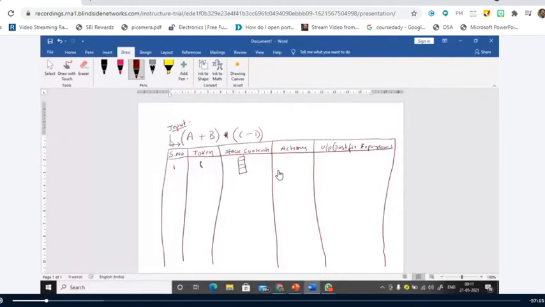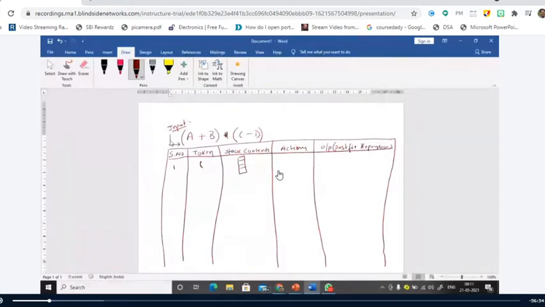Third step, when you come across an operator, you have to check the stack. If the stack is empty, push the operator onto the stack. If the stack is not empty, compare the priority of the incoming operator with the priority of the symbol on the top of the stack.